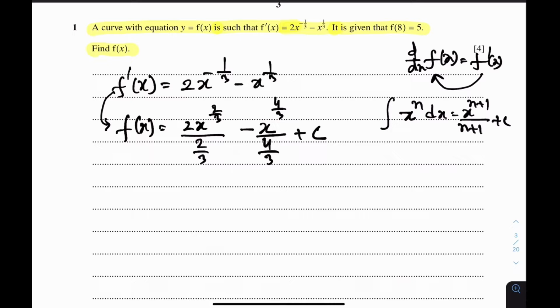We can simplify this: f(x) equals 3x to the power 2/3 minus 3/4 x to the power 4/3 plus c.